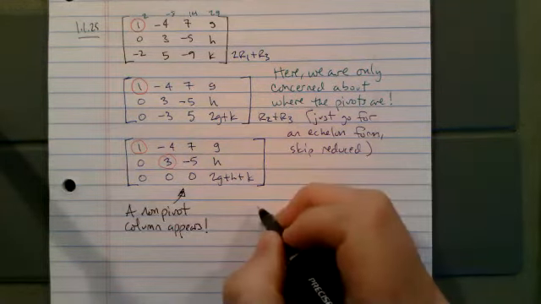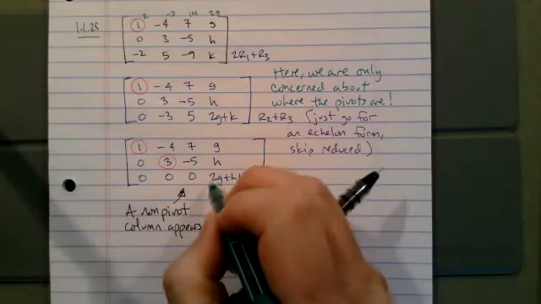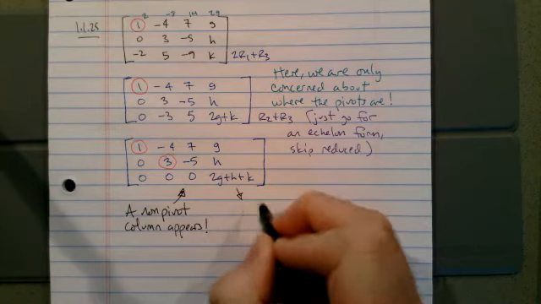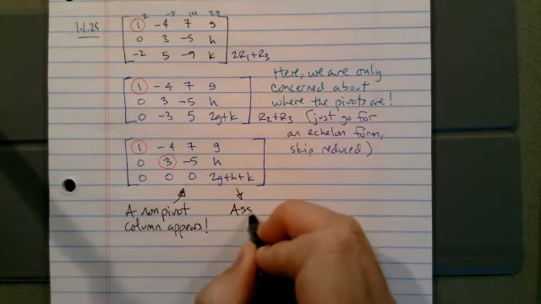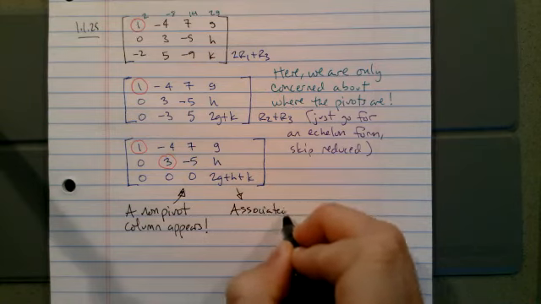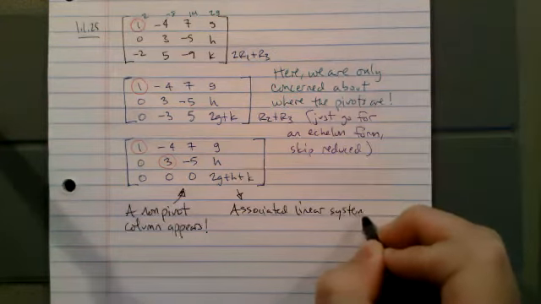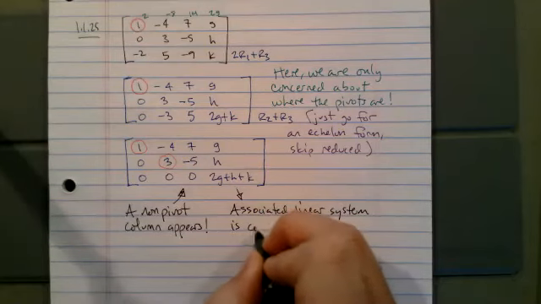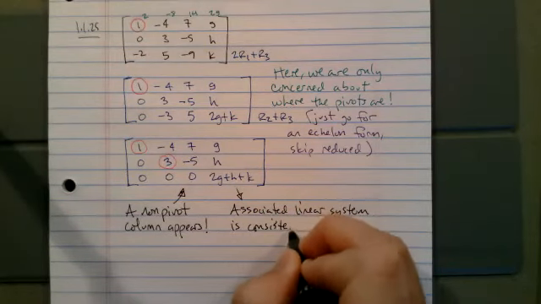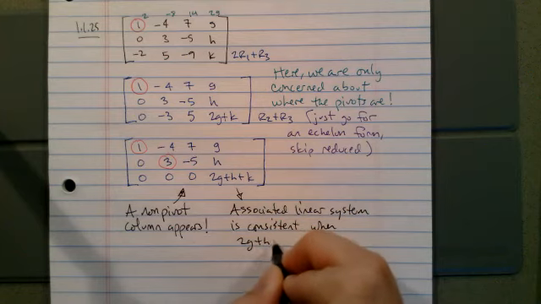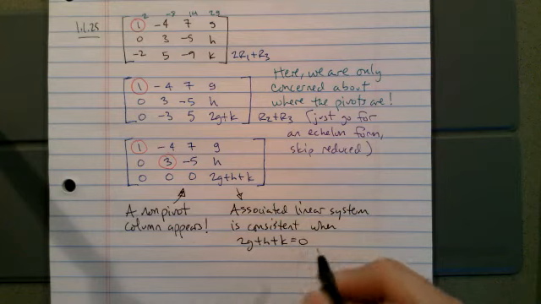The associated linear system is consistent when 2g plus h plus k is equal to 0.